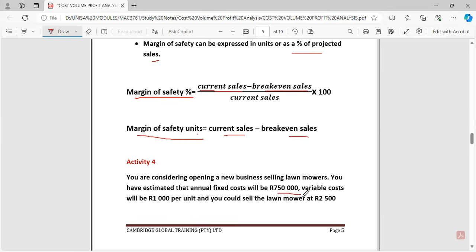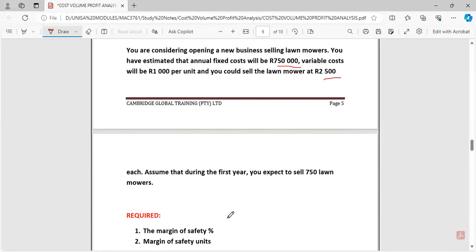It's still that same question, but different application. Variable cost will be 1,000 per unit, and you could sell the lawnmower at 2,500. Assume that during the first year, you expect to sell 750 lawnmowers.